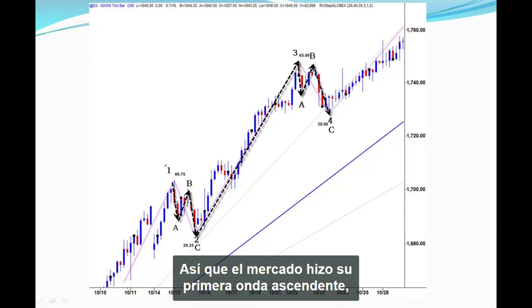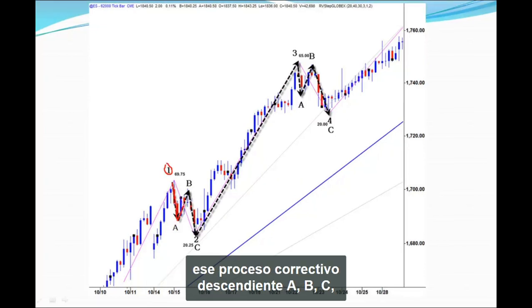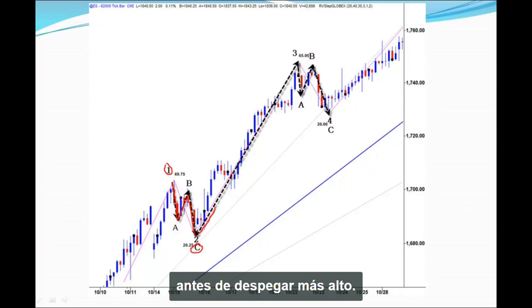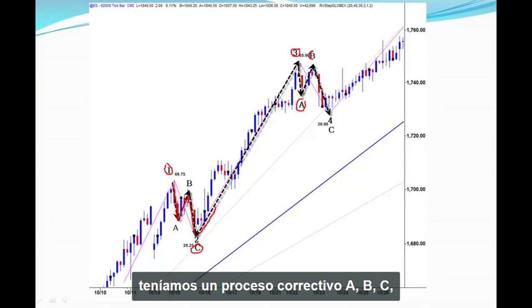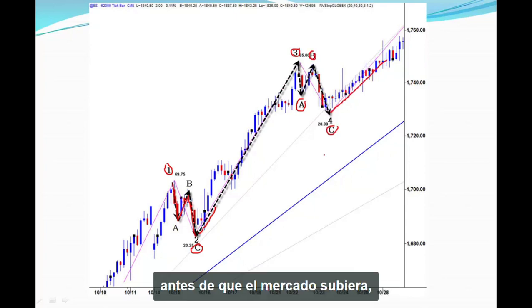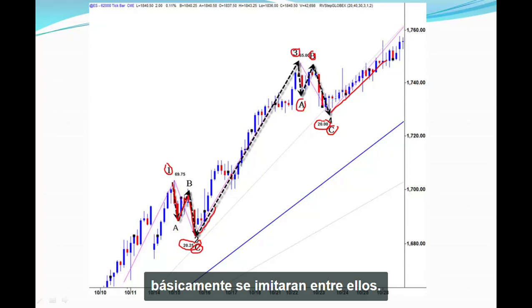So the market made its first wave up and then gave that corrective process, that A, B, C corrective process down before taking off higher. Same thing happened after that third wave was put in. We have that A, B, C corrective process before the market went higher. And those prices, as we mentioned earlier, basically emulated each other.